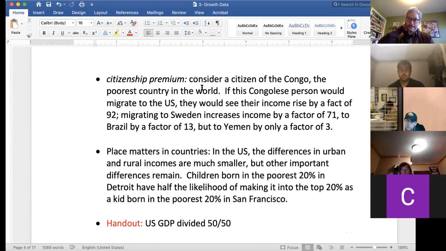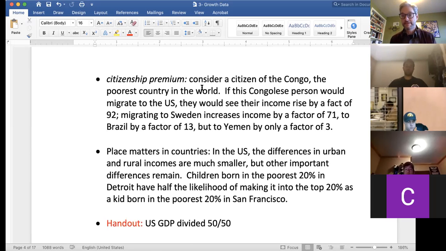So yesterday I talked about the citizenship premium, and let me talk about this again. The way I like to think about it is relative to a citizen of the Congo, which is the poorest country in the world.